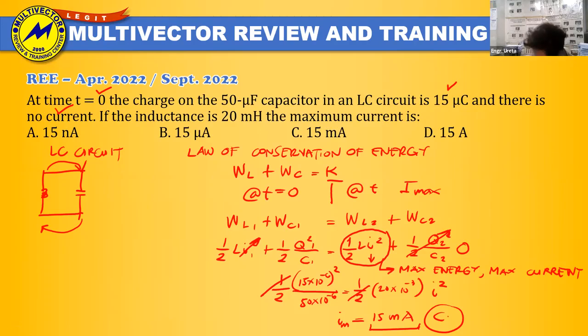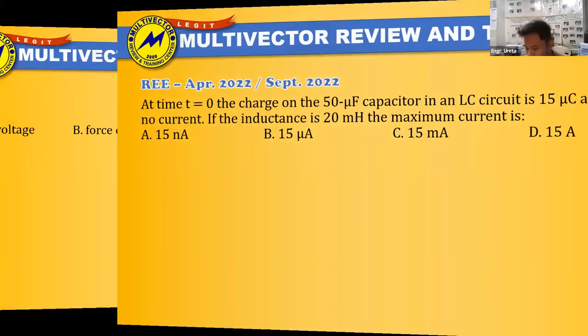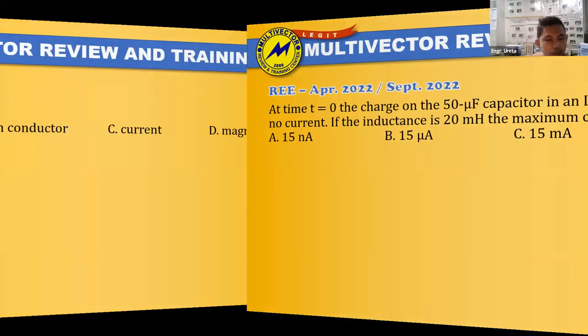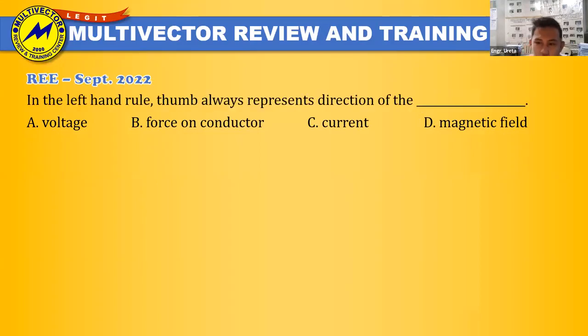Okay, so next question is 17. So problem number 17, lumabas noong September 2022. According to Fleming's left-hand rule, thumbs always represent the direction of blank. Okay, so drawing na lang natin dito.